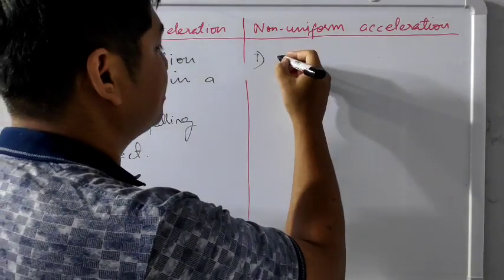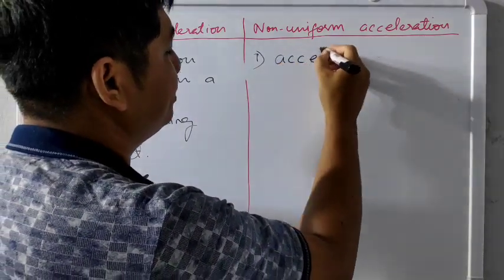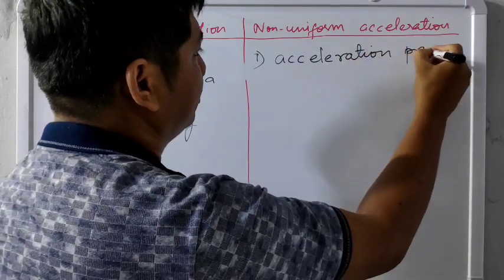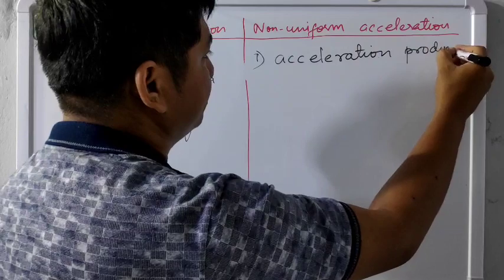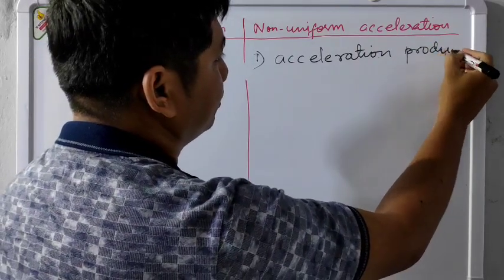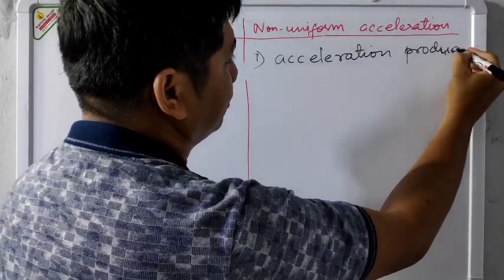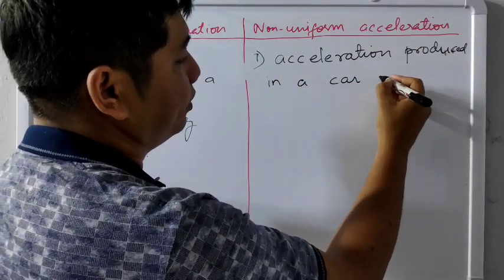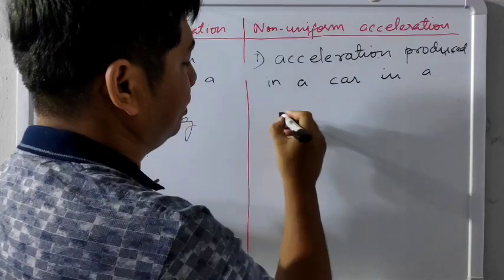So we can write: acceleration produced in a car in a crowded street.